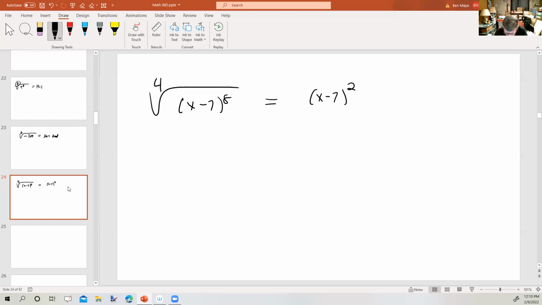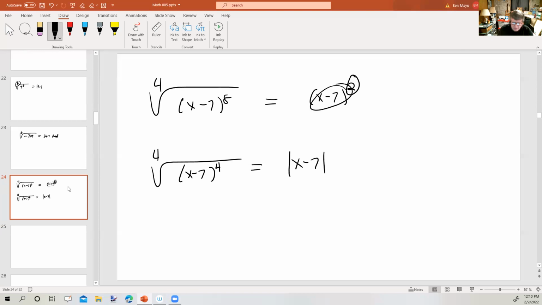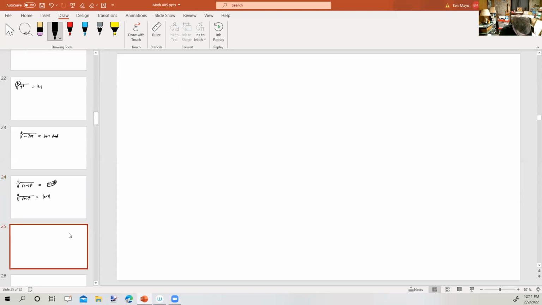What if I had this problem? Again, things being unrestricted there, I would need absolute value bars, okay? But since you're squaring this, it wouldn't have a final answer that's negative. Okay, take a look at this.